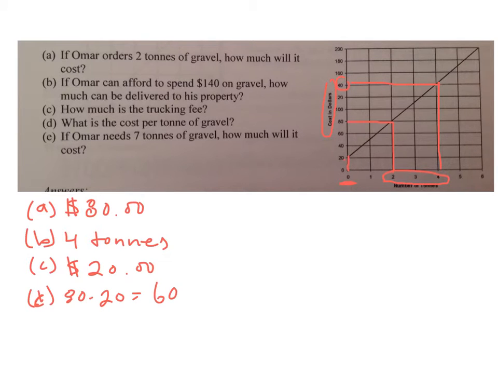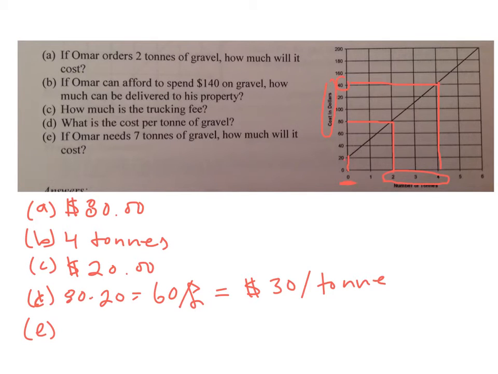So if I divide 60 by 2, it's going to be $30 per ton of gravel, because $20 is the trucking fee. So $60 is what it cost me for 2 tons of gravel. So $30 is how much it's going to cost me for 1 ton of gravel.